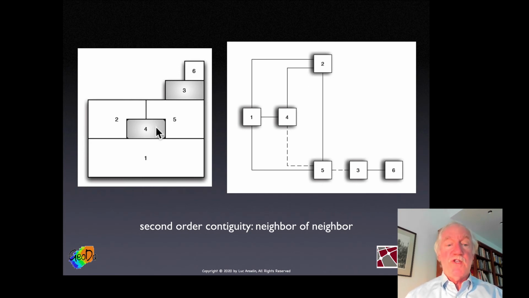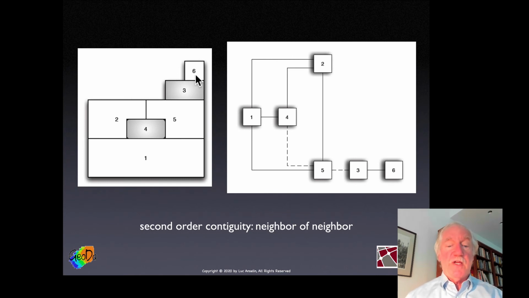So in the recursive definition, we have 5, 2, and 1 being the first order neighbors of observation 4. 3 is a first order neighbor of those first order neighbors, so 3 becomes a second order neighbor. 6 is a first order neighbor to 3, which is a second order neighbor to 4, so 6 becomes a third order neighbor.